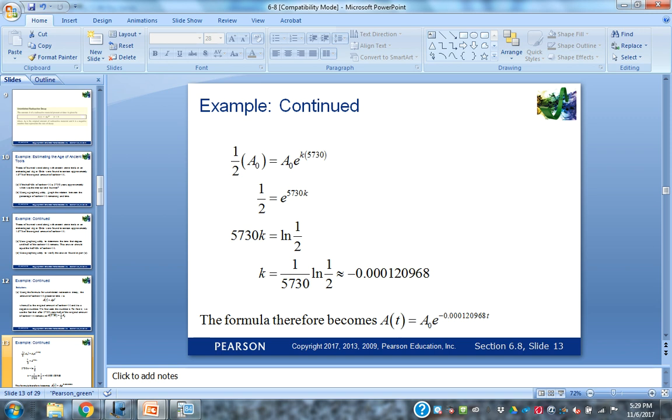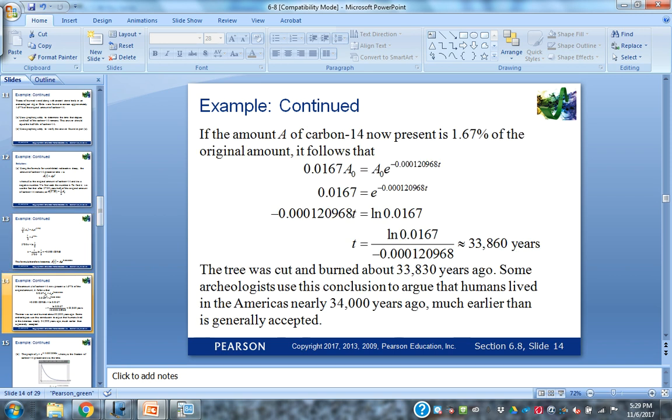You're trying to find K. So half-life is found the same way as doubling something would be. The work is nothing different. The things we did in the financial models are exactly the same work you're doing in this. It's just the context is a little different, because you've got different things going on there. So working that out, you get this K value, so you get your function built here. Okay, so take that, and we can work from there.